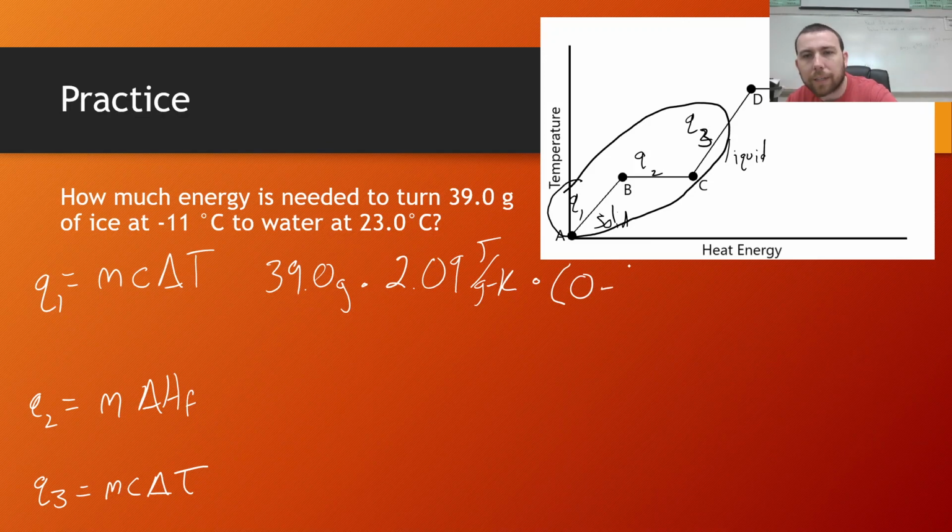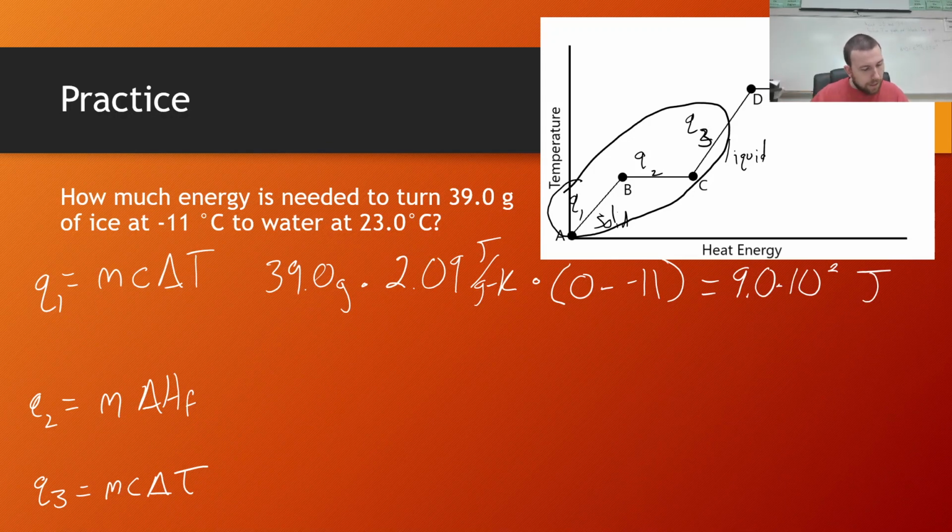So 0 minus negative 11 is our calculation there. So we've got 39 times 2.09 times 11. To two significant digits, that's approximately 9.0 times 10 to the second joules.